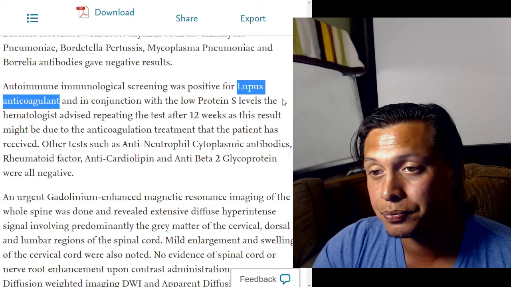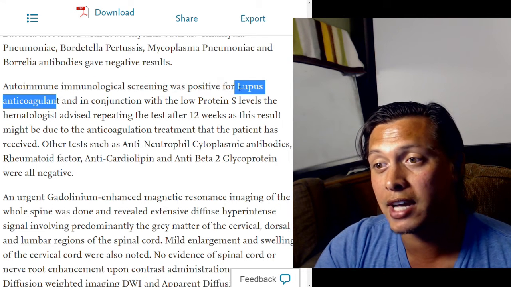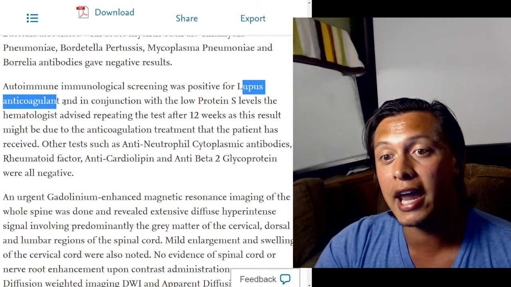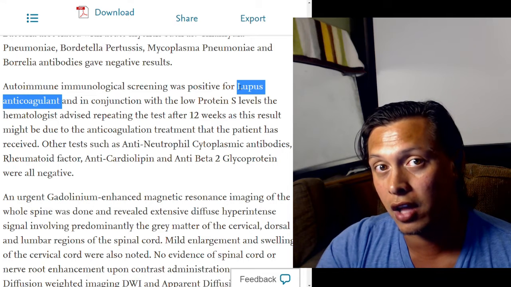So here, they're saying that he tested positive for these antibodies that can cause clotting.